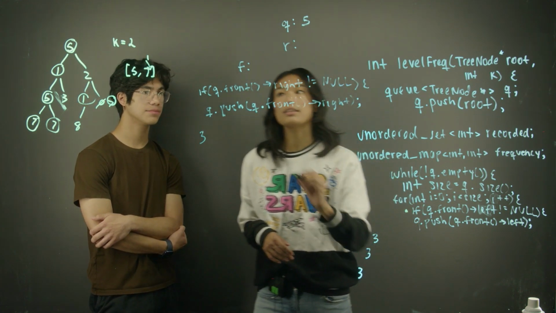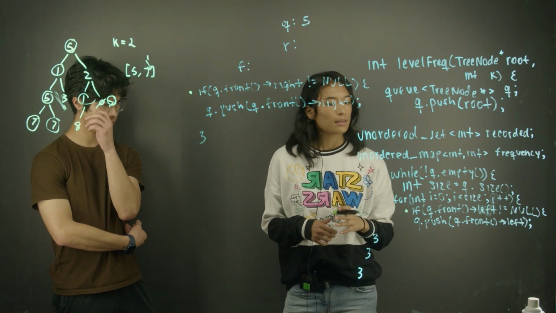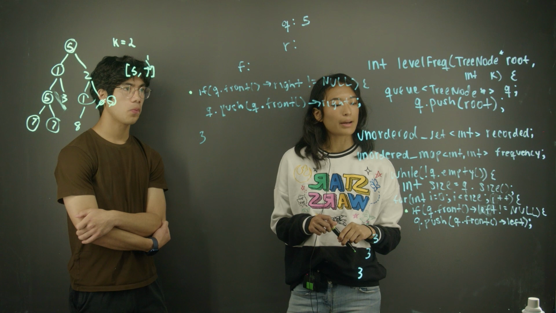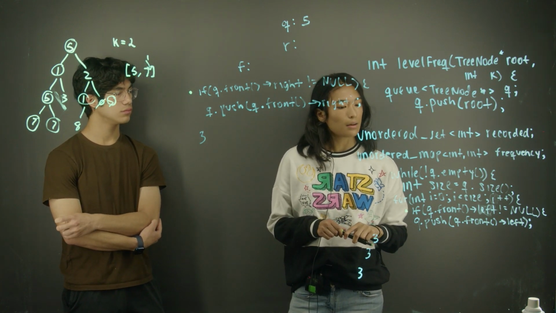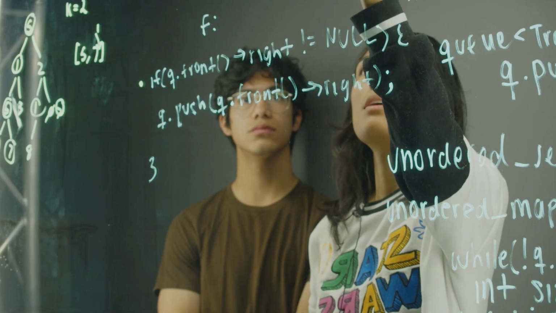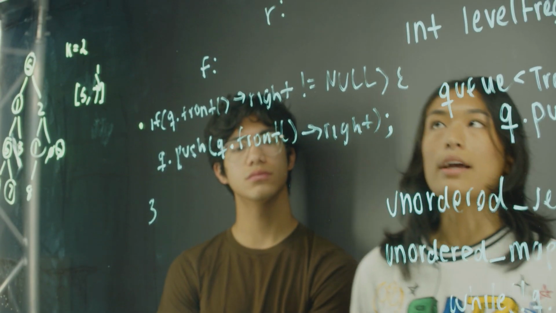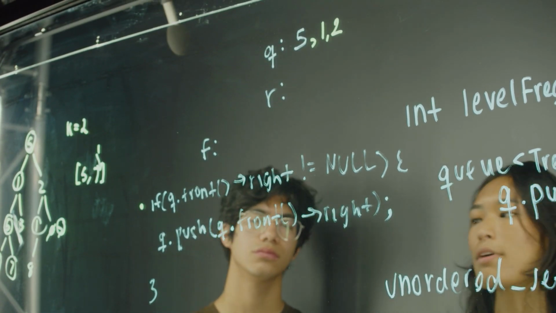All right, so I have this if statement. I'm just going to do this and then this to show that we are going here to here. And now that I have my if statements, I have 1 and 2 pushed into the queue. Okay, and I also want to record 5.